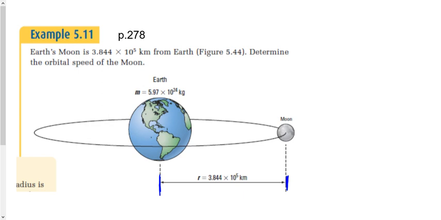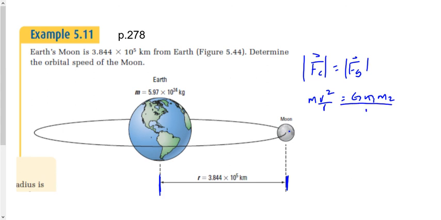To determine the orbital speed of the moon, well, the moon is a satellite of the Earth, so we're going to say Fc is equal to Fg. We're going to say mv squared over r equals G m1 m2 over r squared. R's cancel, m's cancel, and I'm left with v squared is equal to G times the mass of the producer over r. We're looking for the orbital speed of the moon. How fast is the moon moving? Do you think it's going to be fast or slow?